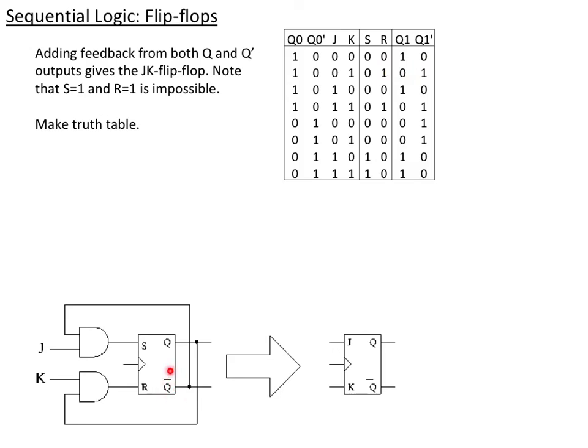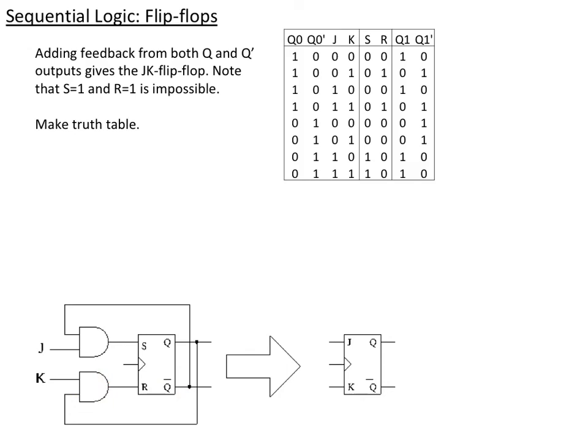Likewise, if Q is 0, Q bar is 1, then the J works, and I'm setting it. So if Q bar was 1, I change the state with J equals 1, and that is shown here. Notice that the state determines which of those I select, and so I only care about J when Q bar is 1, or Q is 0.